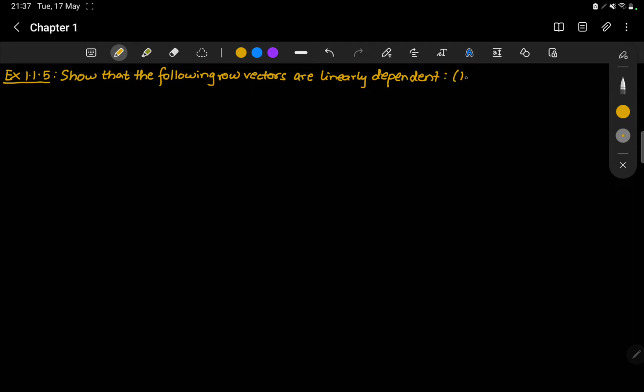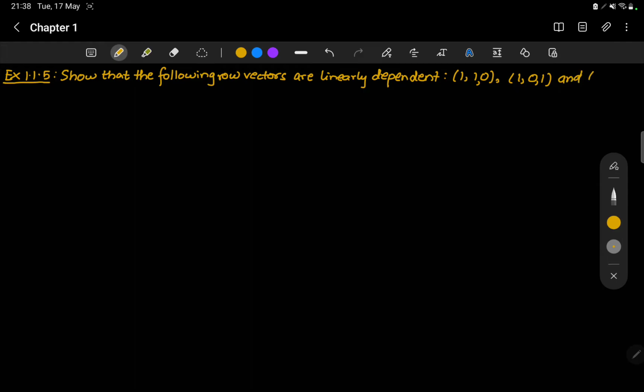So we want to show that these vectors that I am writing right now, these three vectors, are linearly dependent, and then we need to show the opposite for the next set.